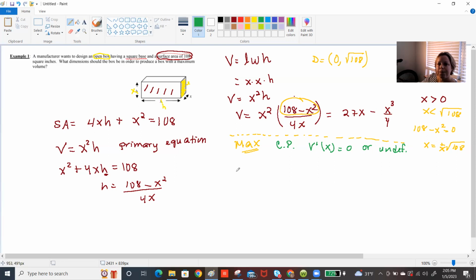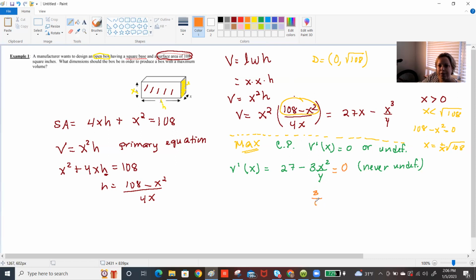So let's see. V prime, the derivative of this, is 27 minus 3x squared over 4. This is never going to be undefined, so we just write that there. So we check where it is equal to 0.